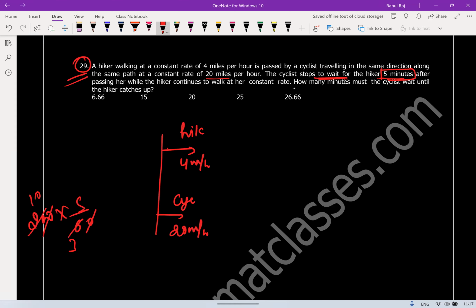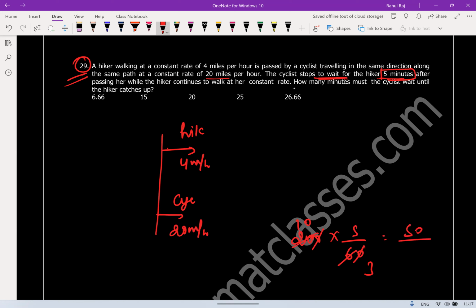What is this? 20 into 5 by 60. What is the distance it travels? It is not 220 miles, I'm so sorry. So this cancels, to 5 by 3 miles.